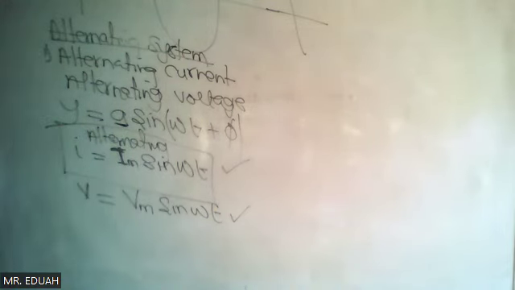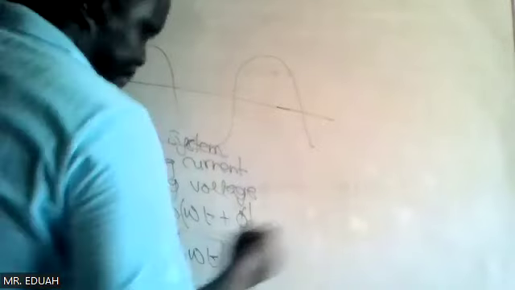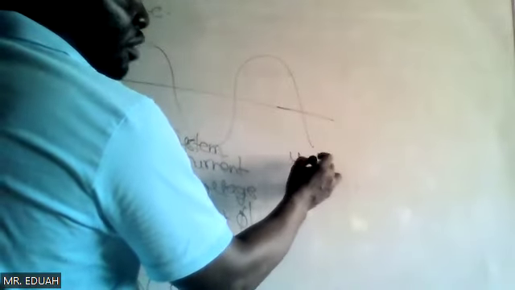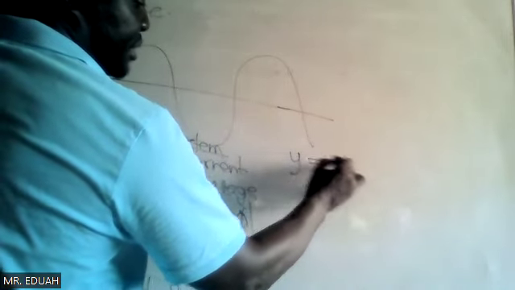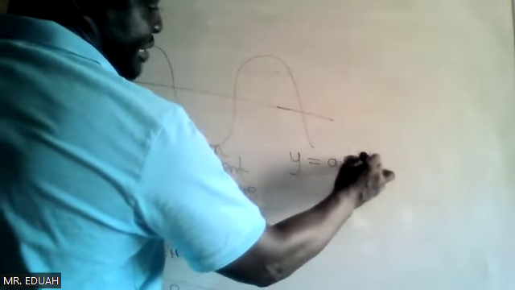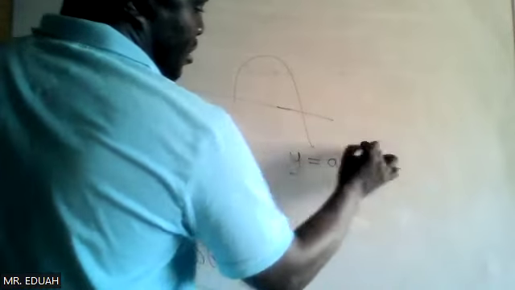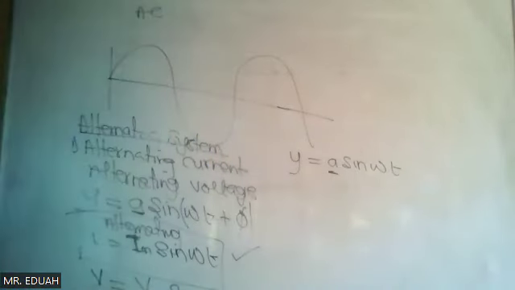What does the small m stand for in Im? I'll also ask you a question to answer. For the displacement equation of a body executing simple harmonic motion, A sine omega t, what does the A represent? The amplitude, or the maximum displacement.